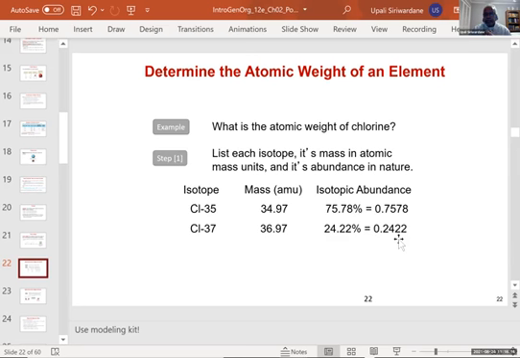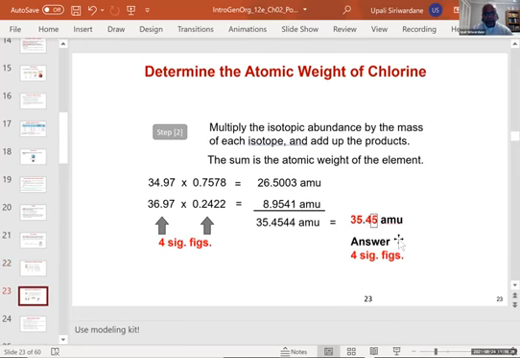So you can multiply fractions directly. In the previous slide, dividing by 100 was to convert to a fraction. The fractions add up to a total of one. So when you multiply isotopic mass by the fractional composition, we get the same answer, rounded off to 35.45.